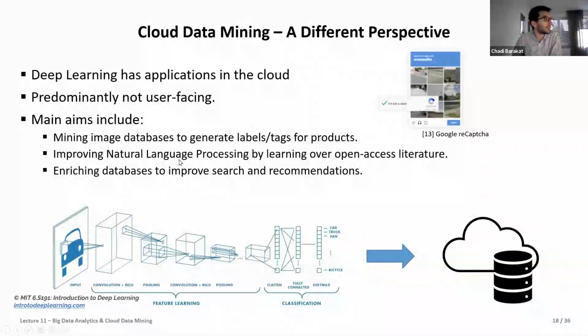Mostly these are images where you have labels, and these images can be used to train some kind of machine learning model. So the main aim for this is to generate labels and tags for products.